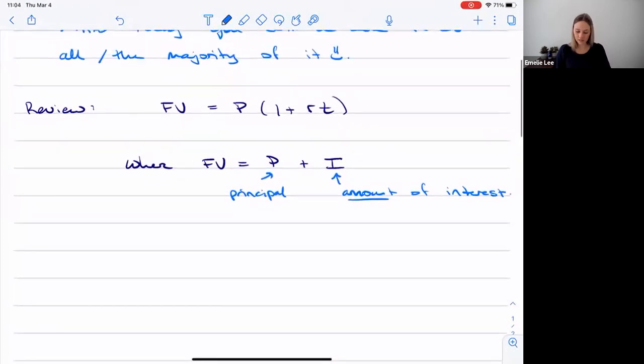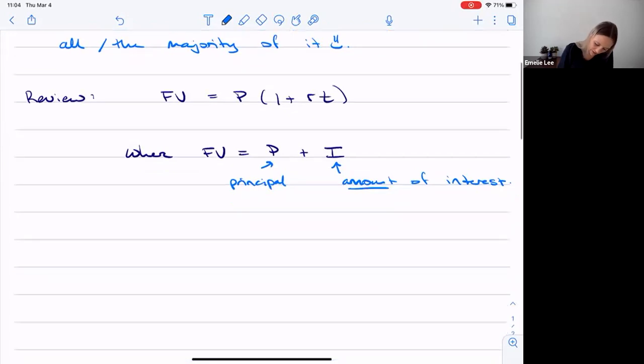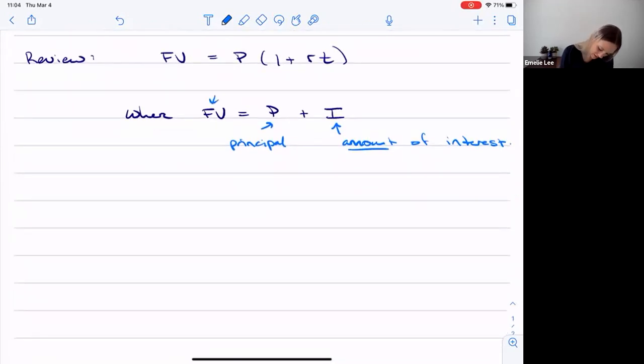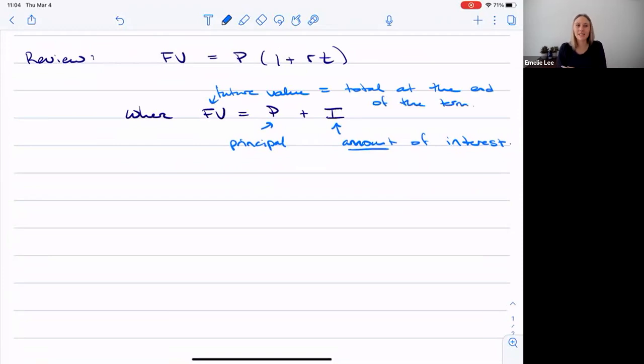We need to keep these variables straight. What is capital I? When I say that, it's the amount of interest. And the future value is the total at the end of the term, and the term is the time t in years at some rate r.